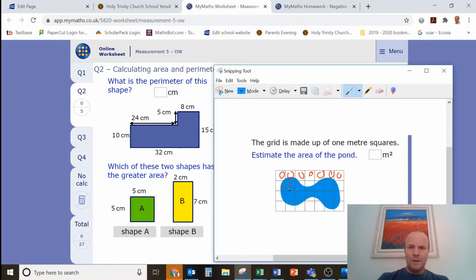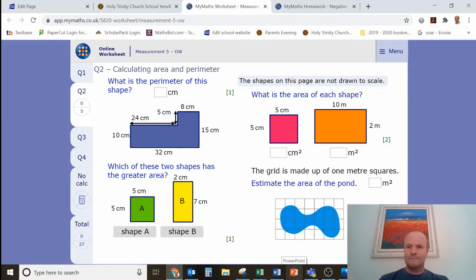So 1, 2, 3, that one's not quite, 4, 5, that's definitely not half, that's definitely 6, 7, that's got to be about half, 8, 9, 10, 11. Let's try 11 and see what it says. Oh, it says it is right, okay.